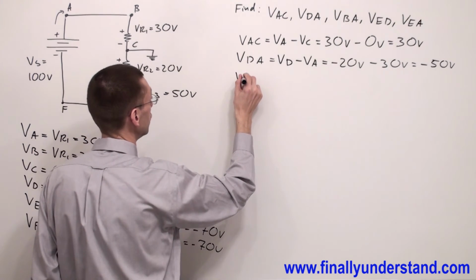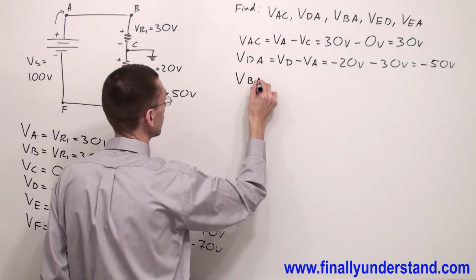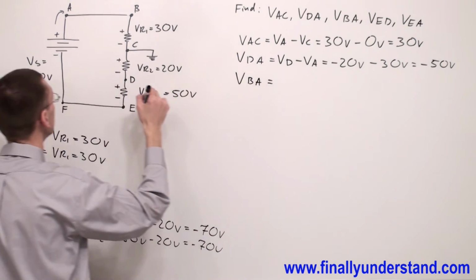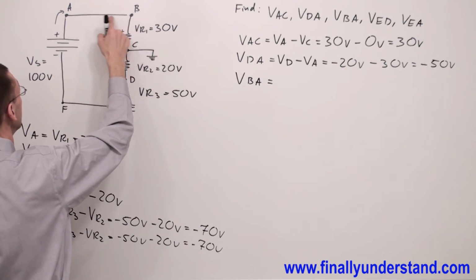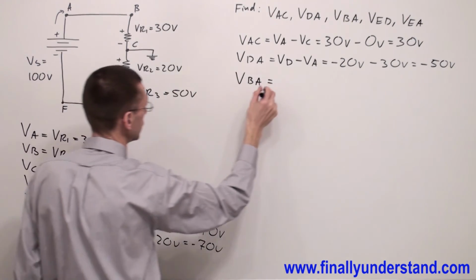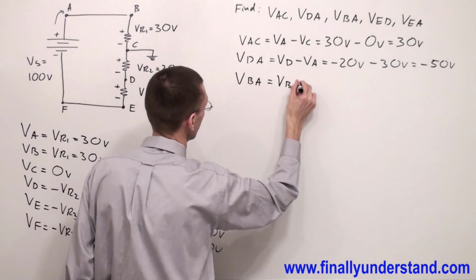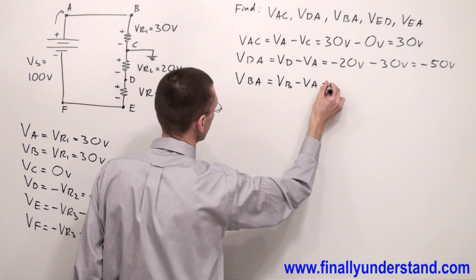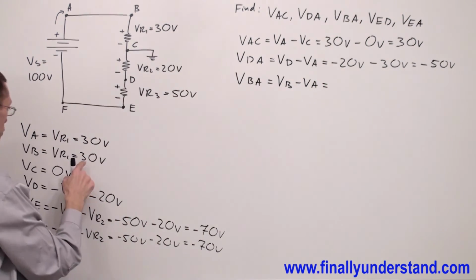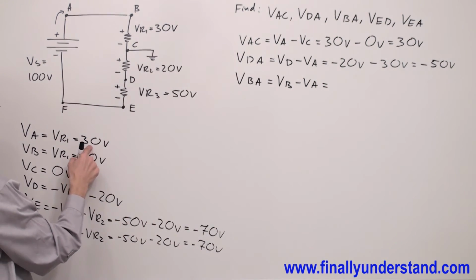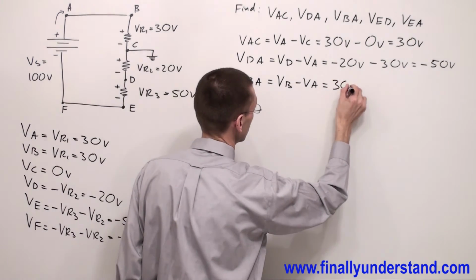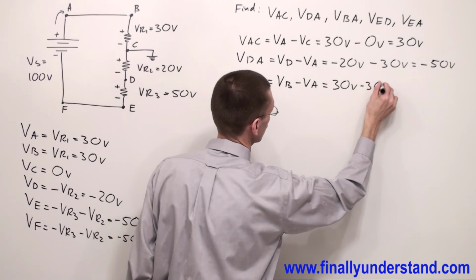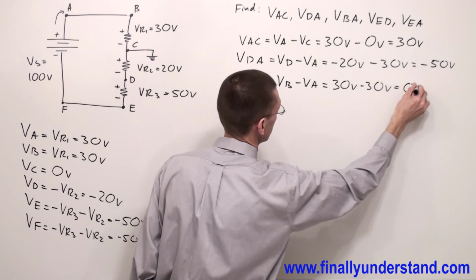Next I have to find VBA. VBA is the voltage between point B and A. This is VB minus VA. We said VB is 30 volts and VA is 30 volts. So I have 30 volts minus 30 volts, which is 0 volts.